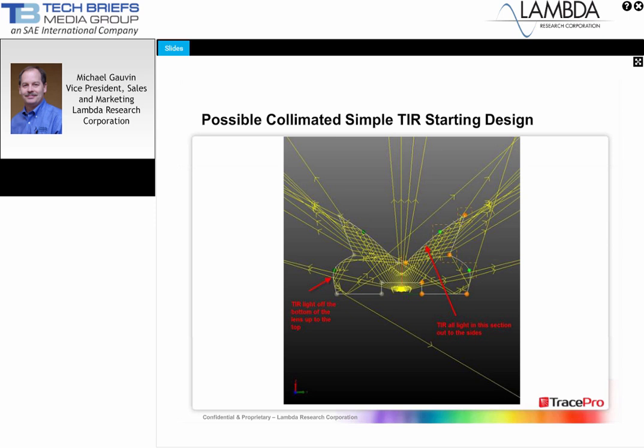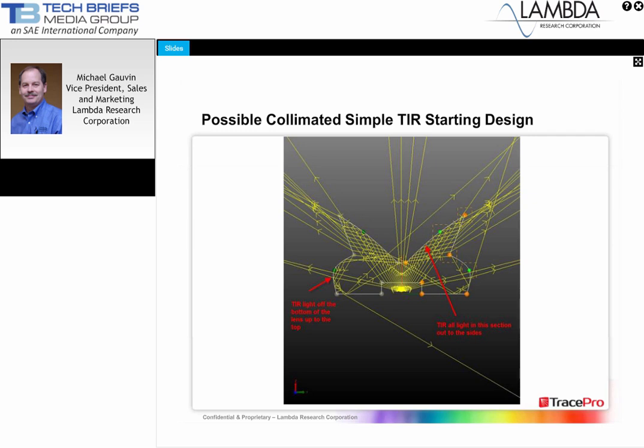So what would a typical TIR design look like? Well, we're going to have angles on the top surface that meet our critical angle, which means that we're going to have to be greater than the critical angle to send the light out the sides. Now, we're going to have a batwing design, and the angle of that top V has to be set so that it keeps TIR, and the critical angle is at the desired 70 degrees coming out.